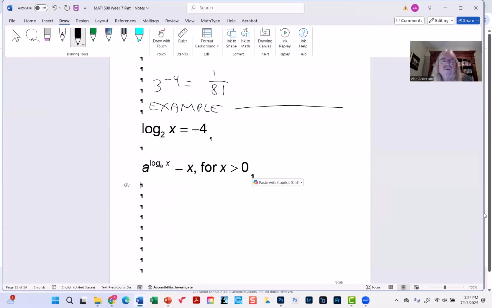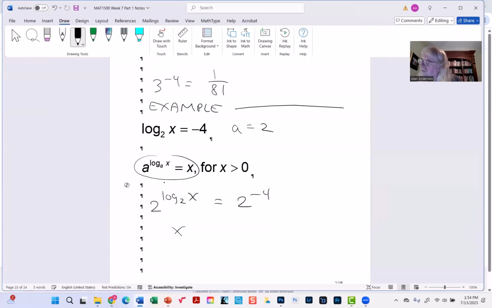All right. So in other words, we want to write it like this. So in this case, a is 2. So you've got log base 2 of x equals 2 to the minus 4. And according to this principle, this is just x.